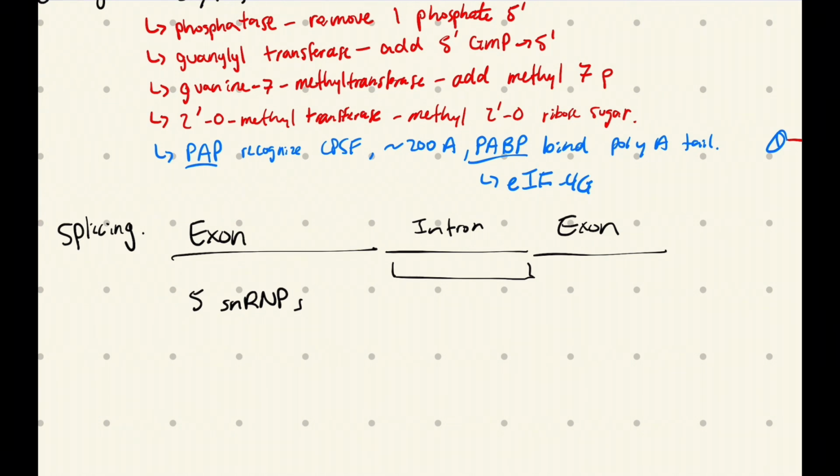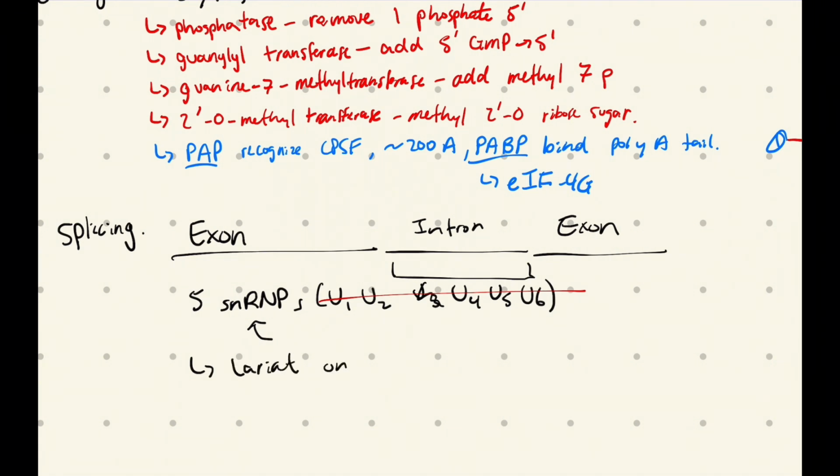And you really just have to know that there's a SNRP, right? So you don't have to know the U1, U2, U3, U4, U5, U6. Like you don't have to know any of it. Clearly, I forgot some of it too. So just know that you have SNRPs. They form a lariat structure on branch point A.